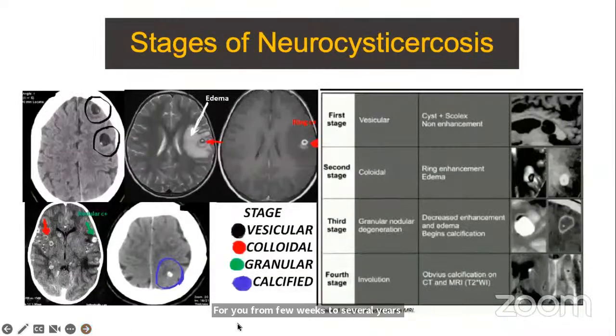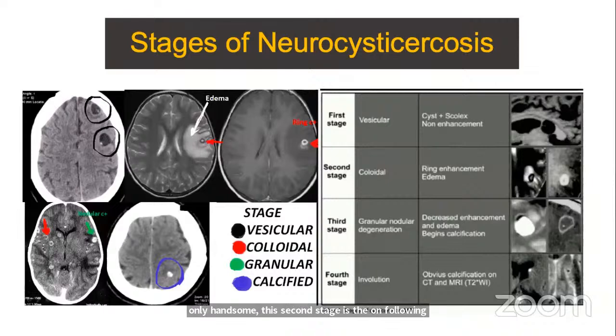The stages of neurocysticercosis, we observe four stages. The first stage is vesicular. We observe a hypodense cyst with the scolex and non-enhancement. The second stage is the colloidal form. We observe edema, ring enhancement, and encephalitis.